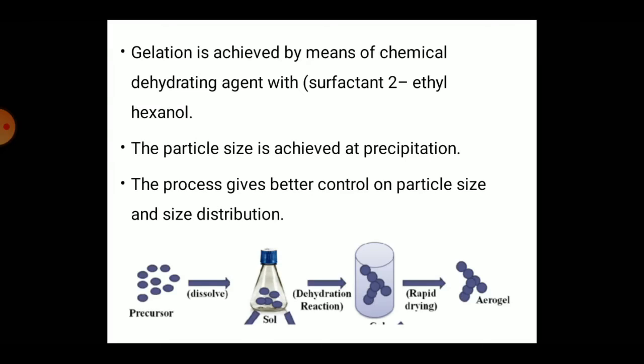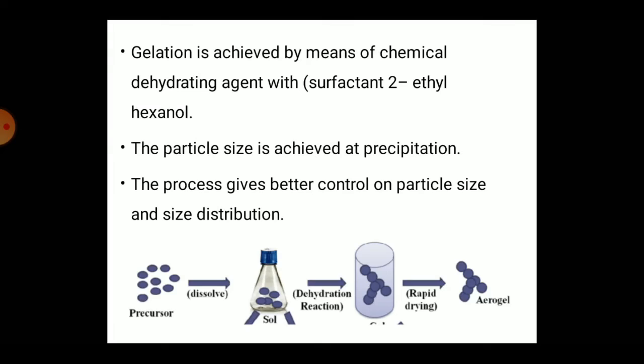Next, the representative diagram of the Sol-Gel method is given. Here you can see the precursor, that is nothing but your starting material. You will prepare an aqueous solution of it. That means you will dissolve it, and you will get a sol. Once you get a sol, you need to get a gel form of it. So gelation is achieved by adding what? Surfactant, that is 2-ethyl hexanol. In the third part of the diagram, you can see a dehydration reaction and you are getting your gelation.